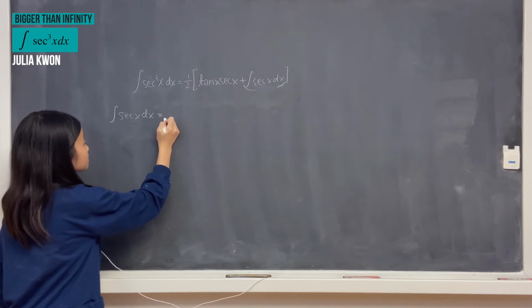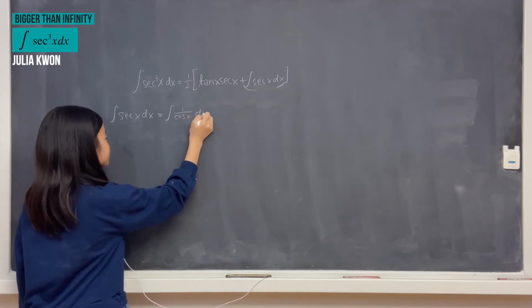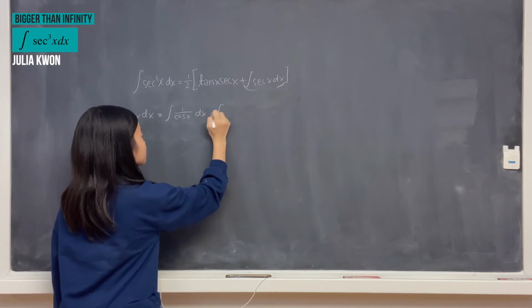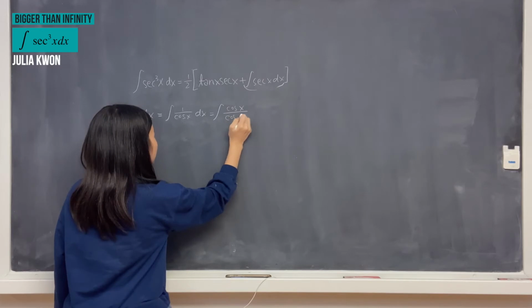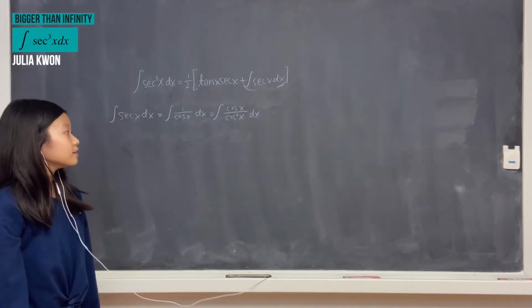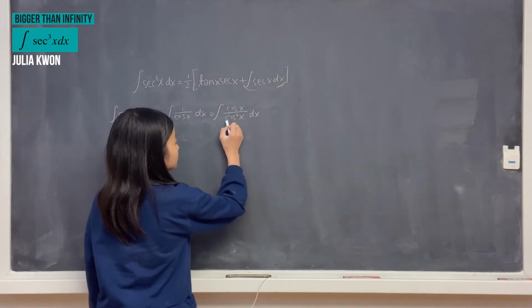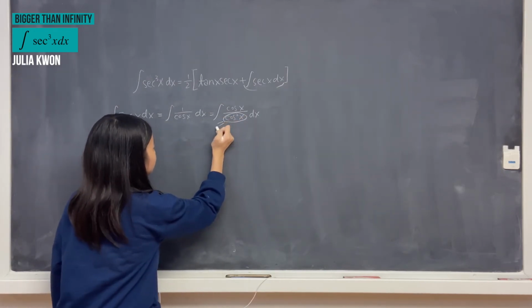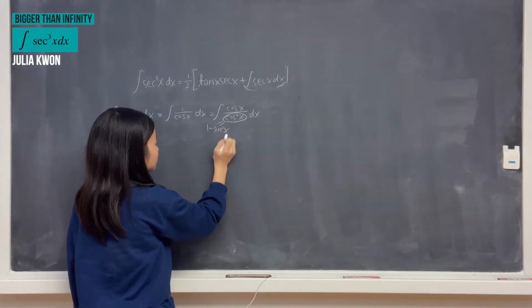So we know that secant x is equal to 1 over cosine x. And if we multiply cosine x on top and bottom, then we would get the integral of cosine x over cosine x squared dx. And now, using the identities of cosine and sine x, we can know that cosine x squared is equal to 1 minus sine x squared.